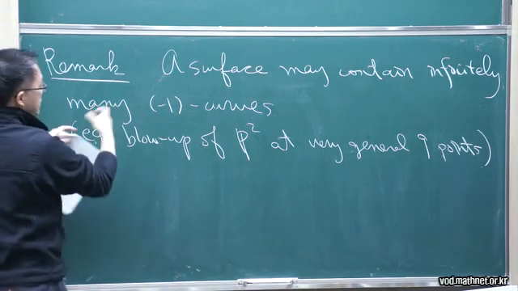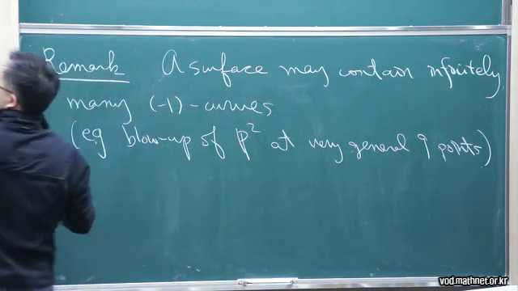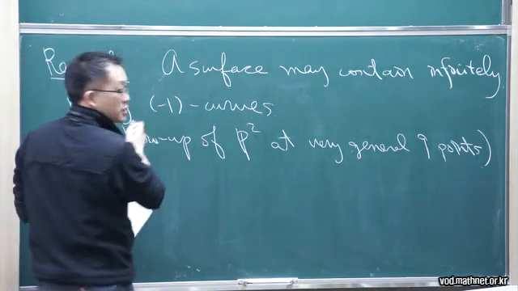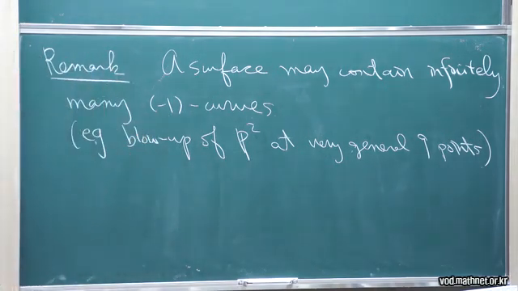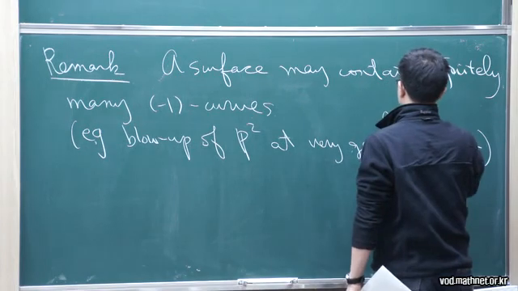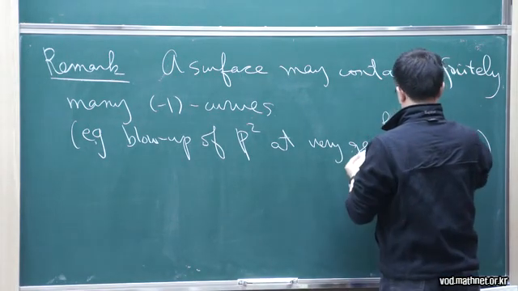Even though you have infinitely many -1 curves, you don't apply theorem 1 infinitely many times. Here the Picard number is 10.